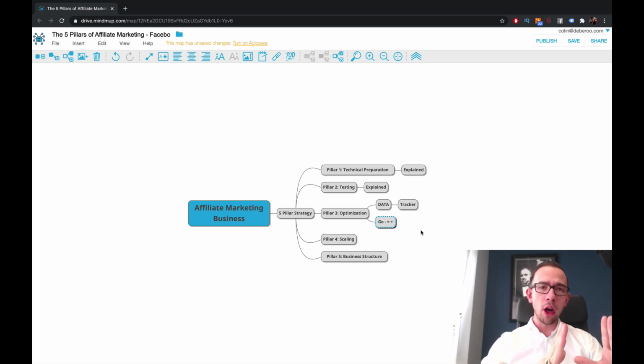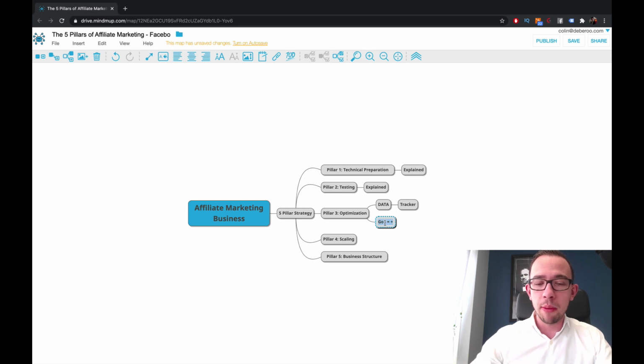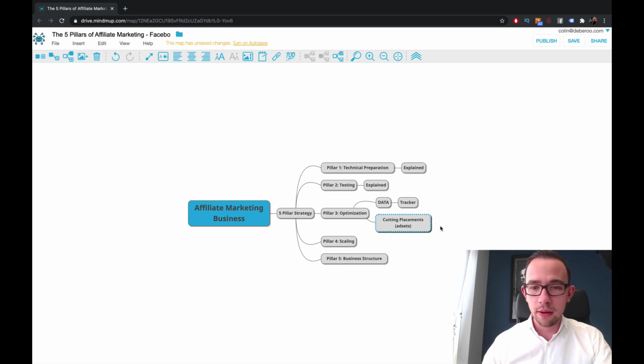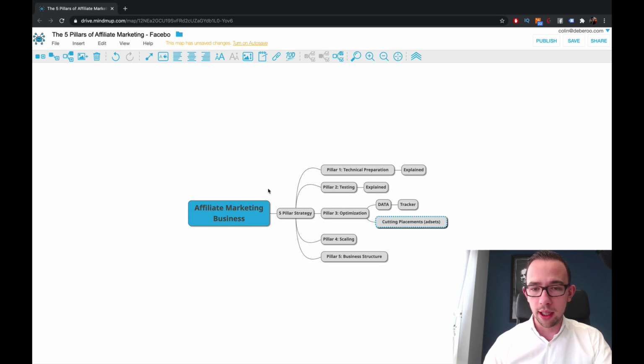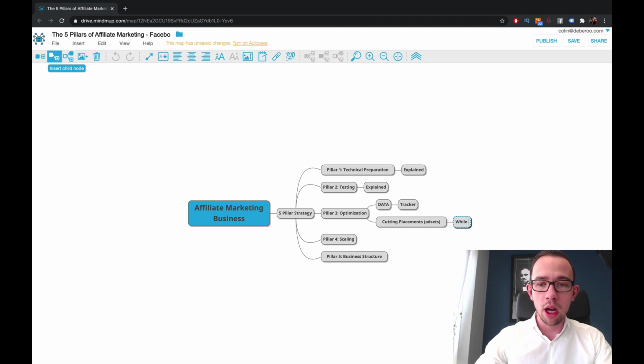So while you might be on the aggressive testing, the optimization already occurs depending on the spend of the method you're applying, 3-day rule or CPA rule, right? So optimization is cutting placements, in this case ad sets, while testing Pillar 2.